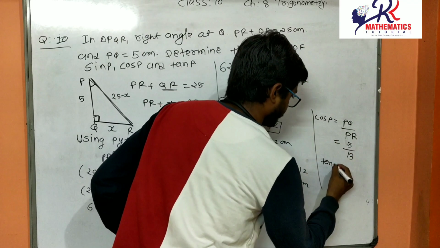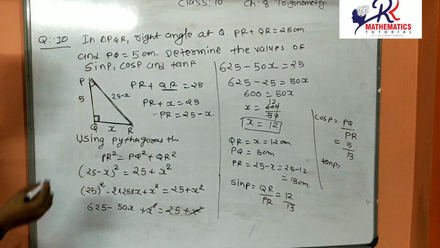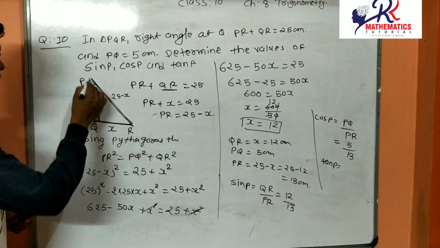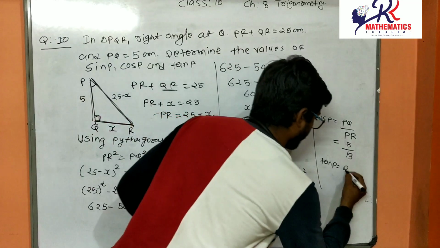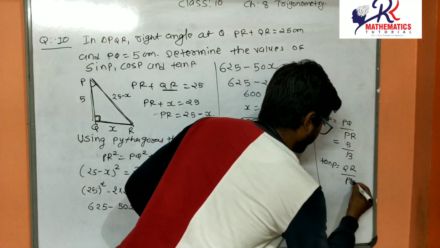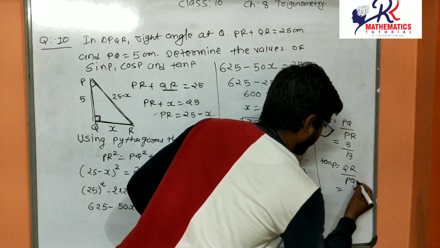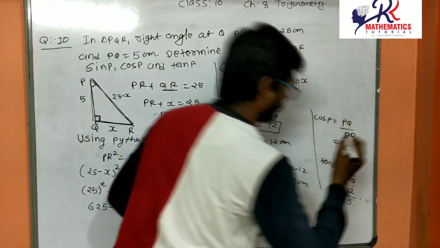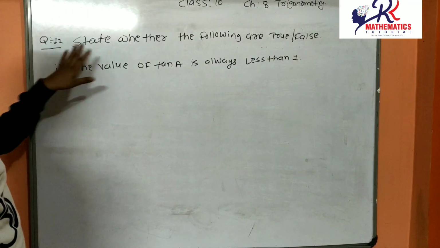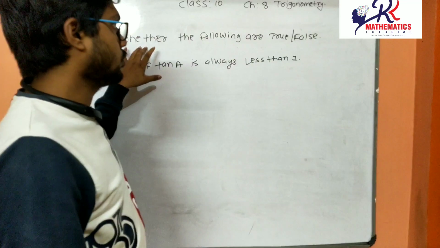And tan P. So tan theta is opposite side upon adjacent side. So it is QR upon, sorry, PQ. So it is 12 upon 5.